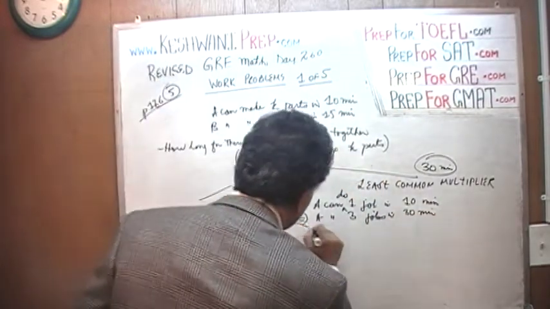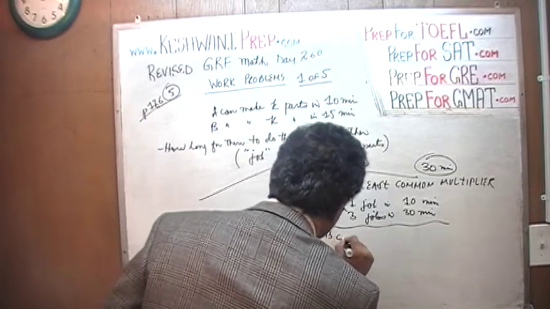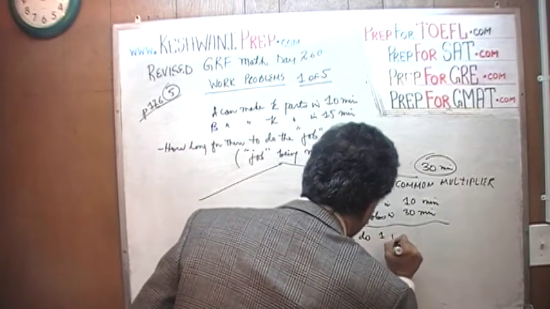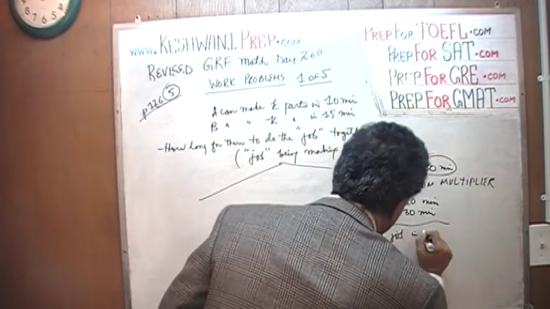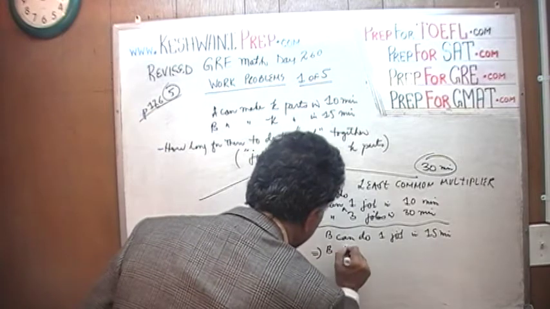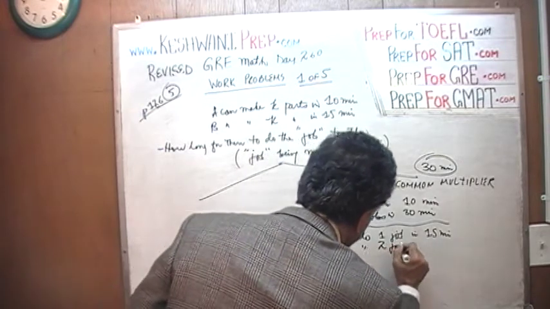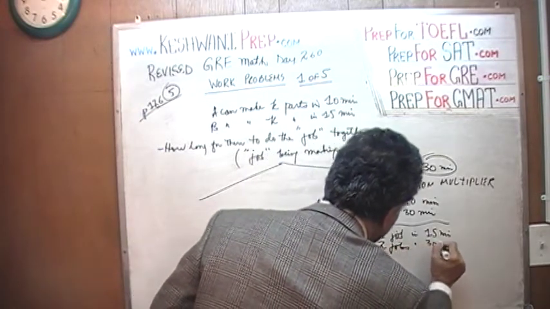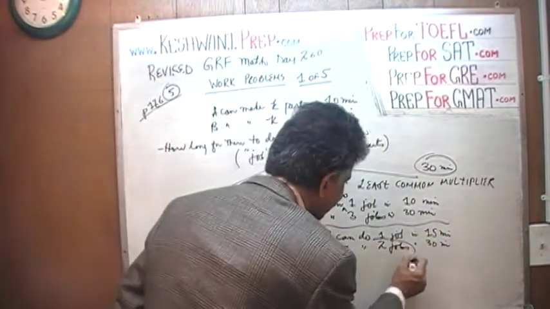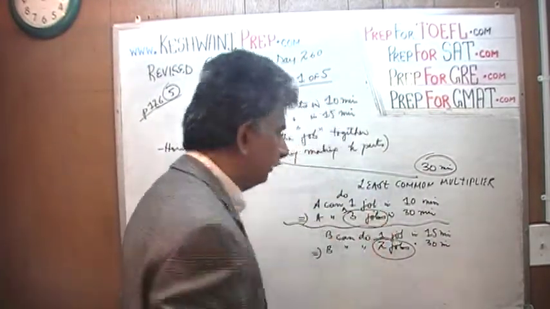Similarly, we are told B can do one job in 15 minutes. That implies that B must be able to do 2 jobs in 30 minutes. So B can do 2 jobs, A can do 3 jobs.